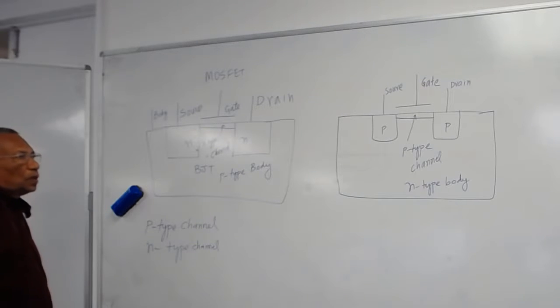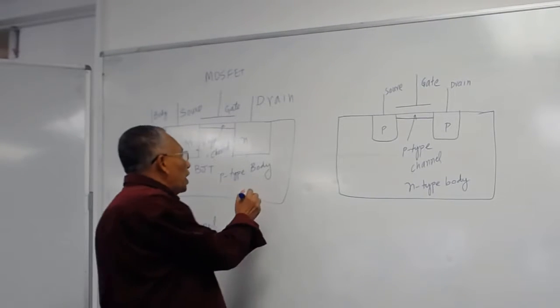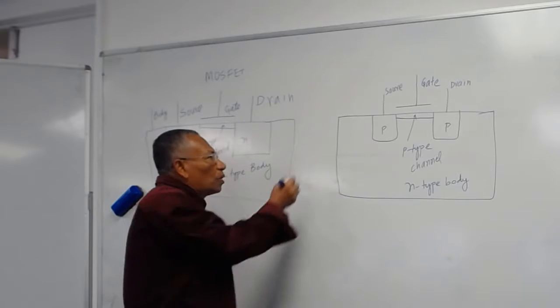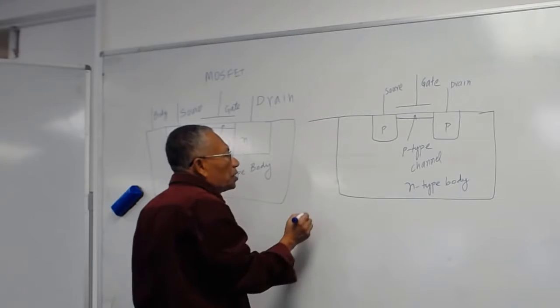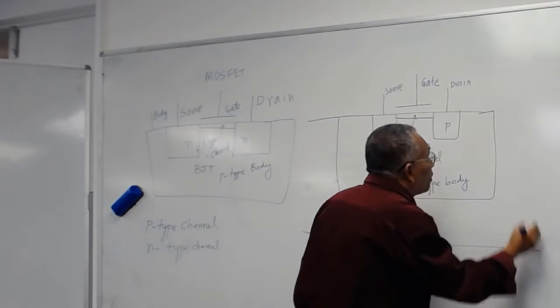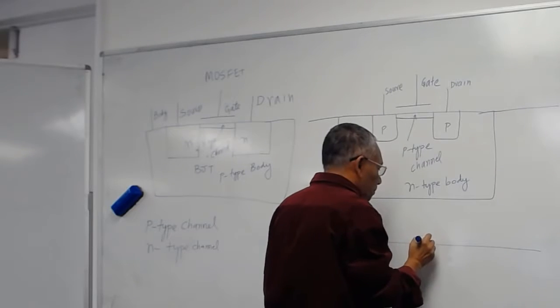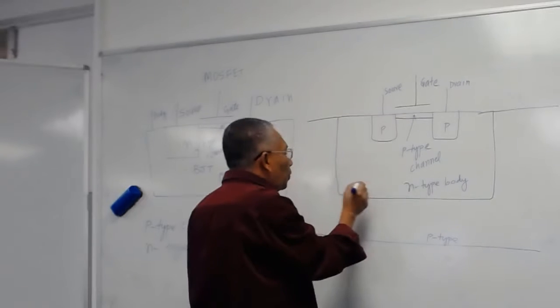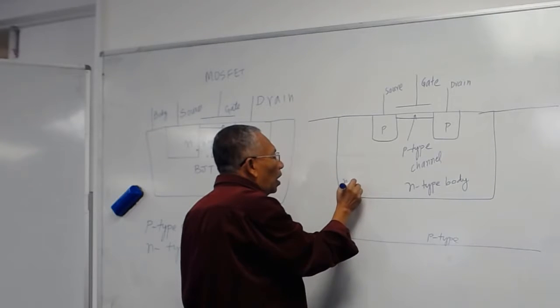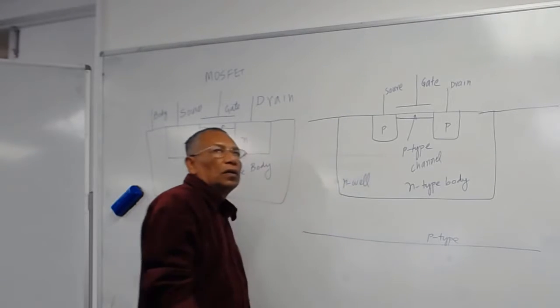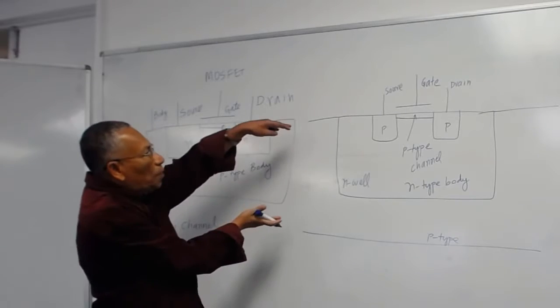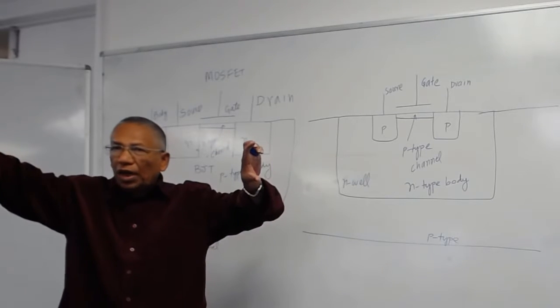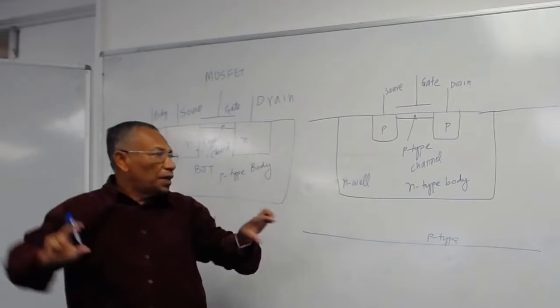Okay, so the whole thing can be created on the original substrate, which will be P-type. And then this N-type body you can create by making an N-well. So the substrate of the silicon wafer is P-type.